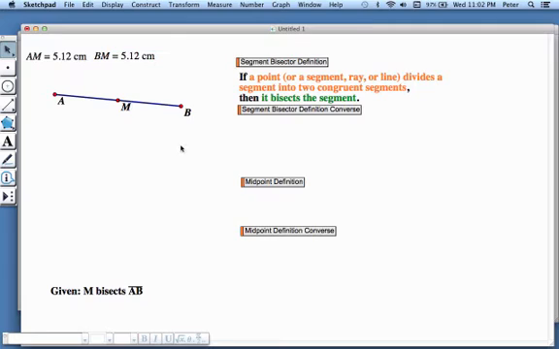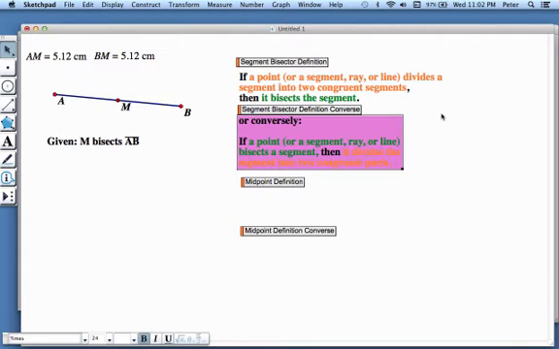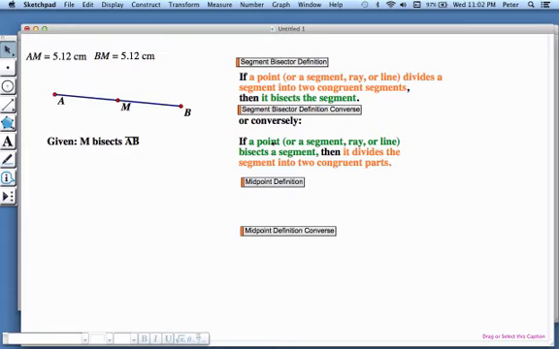All right? Now, let's go the other way. Suppose that we were looking at the same picture, but we were given that M bisects AB. In that case, we would use the converse of this definition, where we'd say a point bisects a segment, because that's what's given, that M bisects AB, then it divides the segment into two congruent parts.